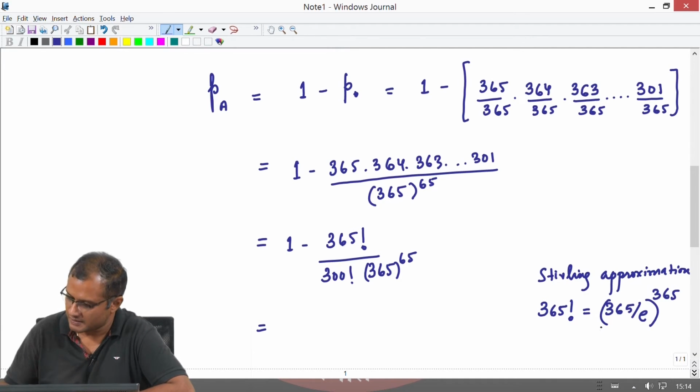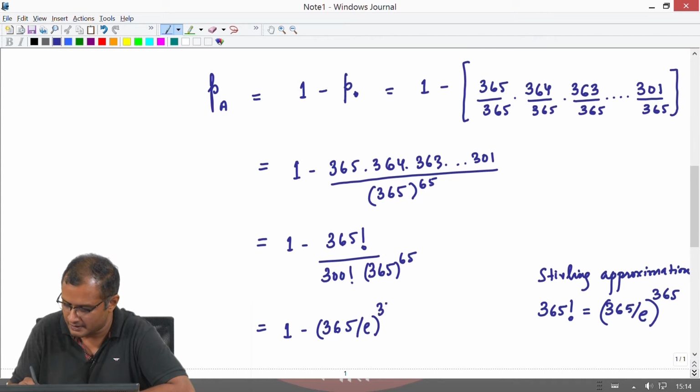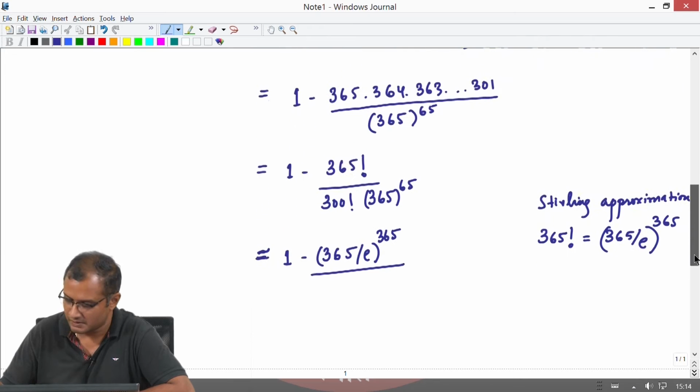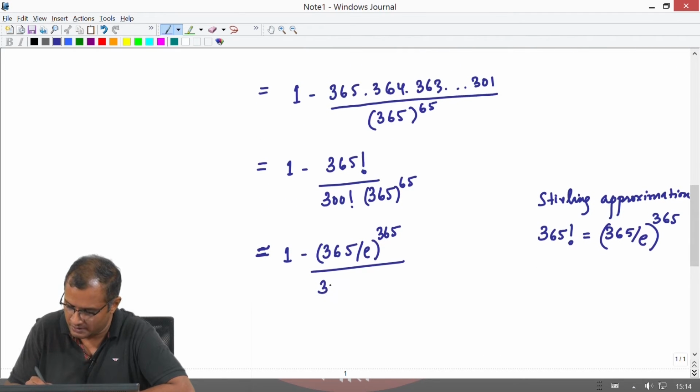Okay. So, I can write this as 1 minus (365 by e) to the power 365 upon, now of course, I have to write down a nearly equal sign here because I have used the Stirling approximation, (300 by e) to the power 300 into 365 to the power 65.